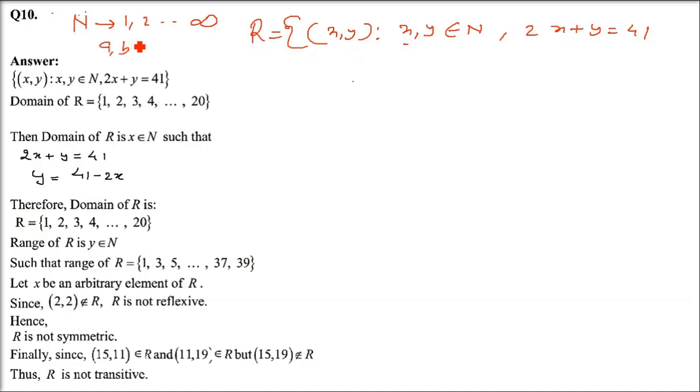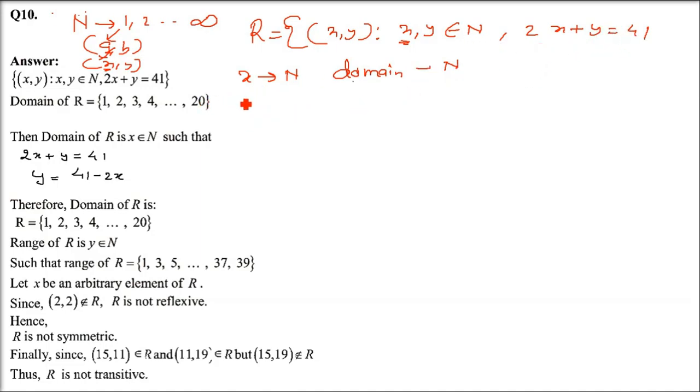As I told you, whether you take A or B, X or Y, the first one in the ordered pair is always the domain. The second one is called the range. Since x is already given as a natural number, we know that the domain is natural numbers. This is clear?